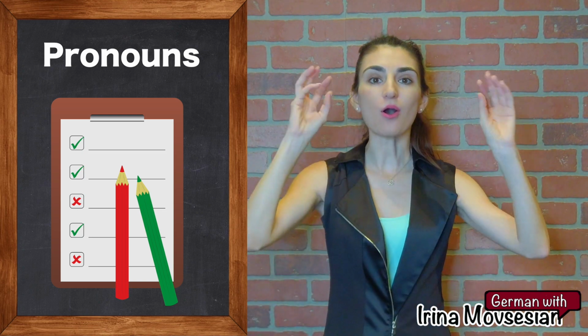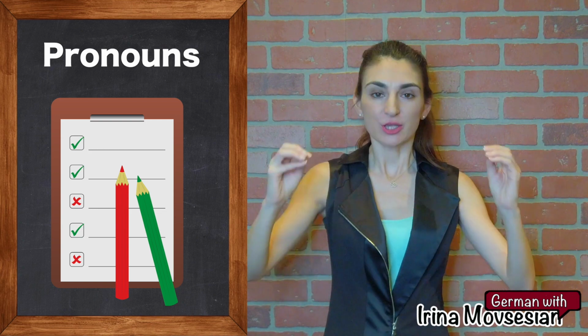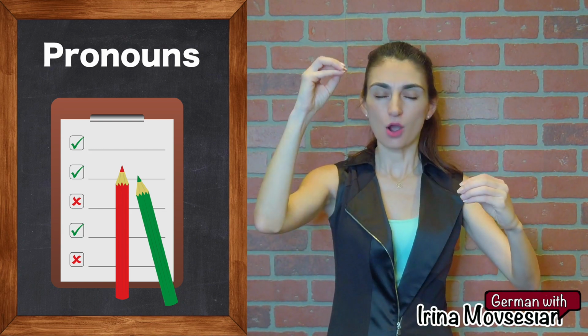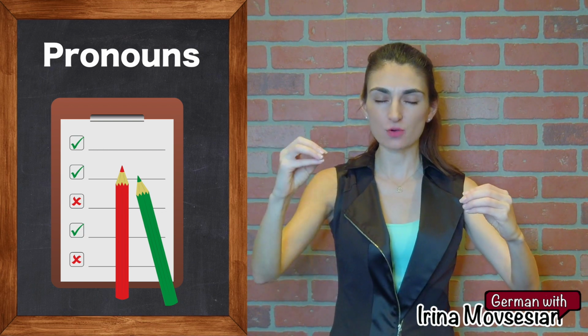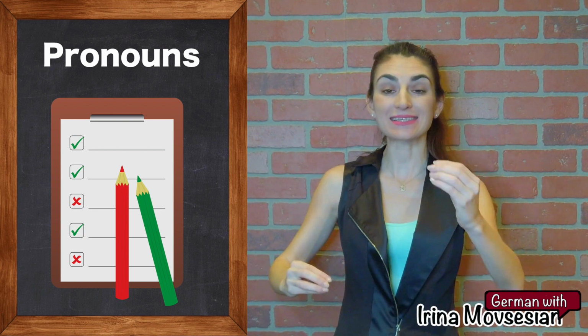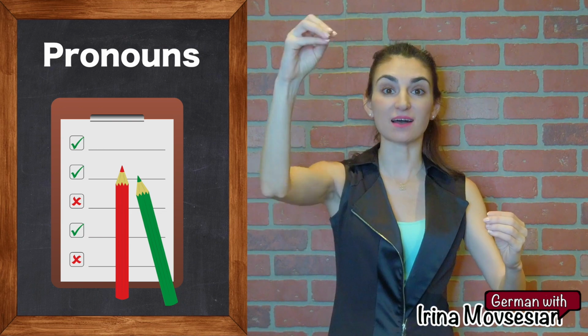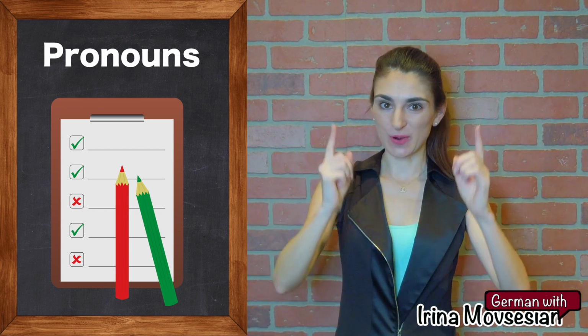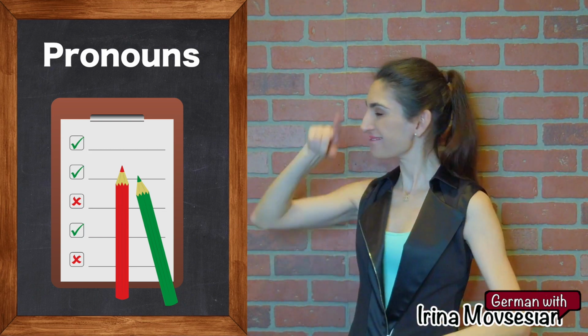To remember all the pronouns better, you have to close your eyes and then say all the pronouns in the right order and then say them vice versa. Alright, are you ready? Let's do it all together. Ready, steady, go!